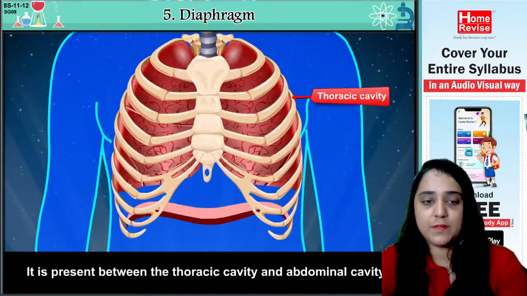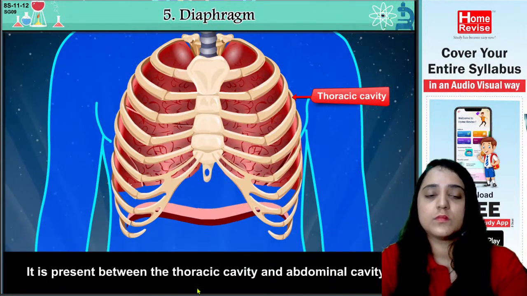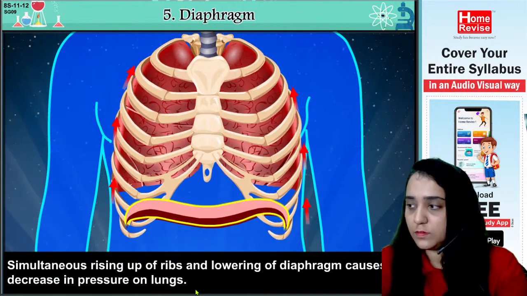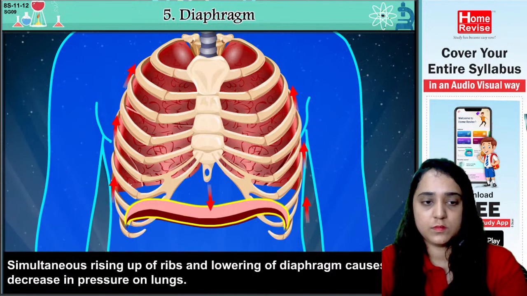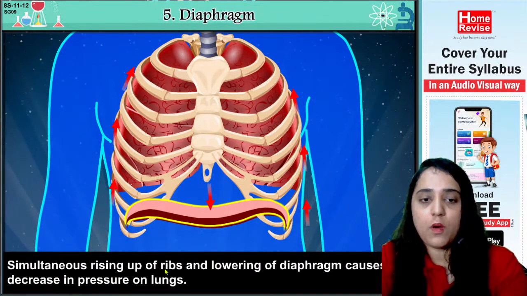Let's see again. Please pay attention. Simultaneous rising up of ribs and lowering of diaphragm causes a decrease in pressure on the lungs.